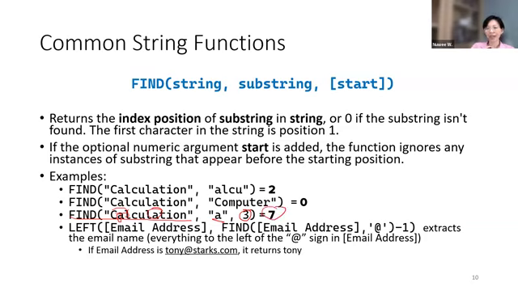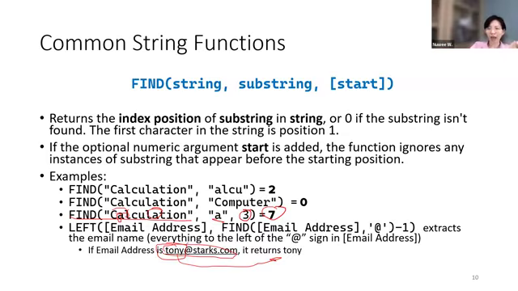In Tableau, you can specify a string with either single quote or double quote. Both are fine. It's quite user friendly, because you don't have to remember whether to use single quote or double quote. For example, if you want to extract the username from an email address and return Tony, you use FIND with LEFT.